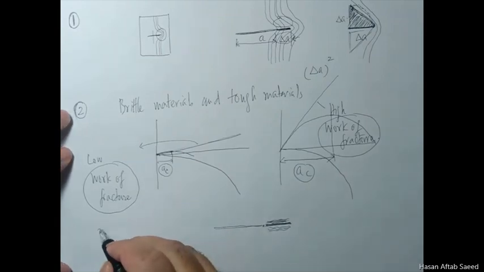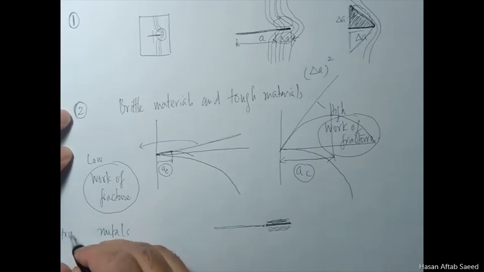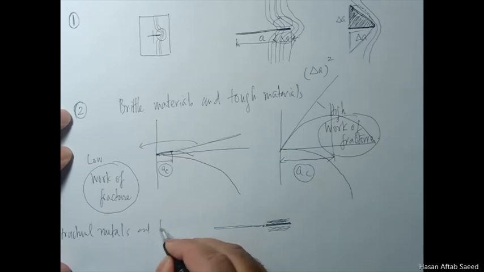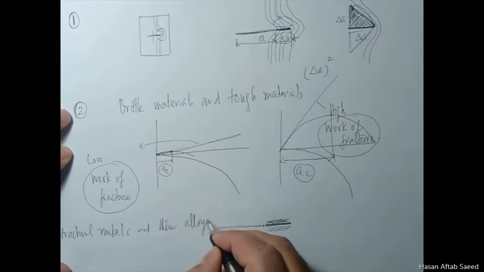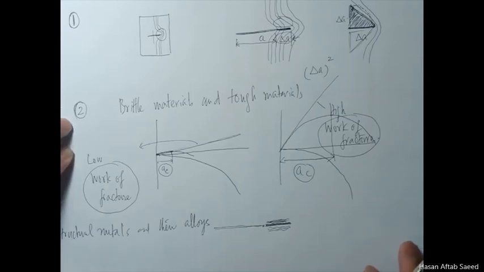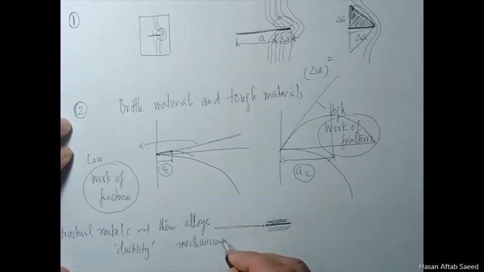So different materials have different mechanisms for toughness. For metals and metallic alloys, structural metals that we usually use in engineering, the mechanism for toughness has everything to do with ductility of the material, and the mechanism for that is dislocations.